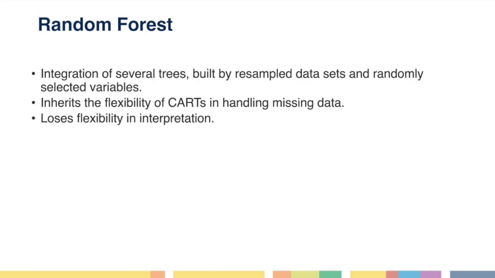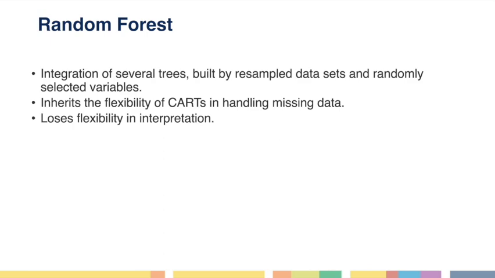And from those subsets that are created by that resampling process, random variables are selected, meaning that the construction of every tree does not necessarily use the same variables, so a subset of those variables is used randomly.